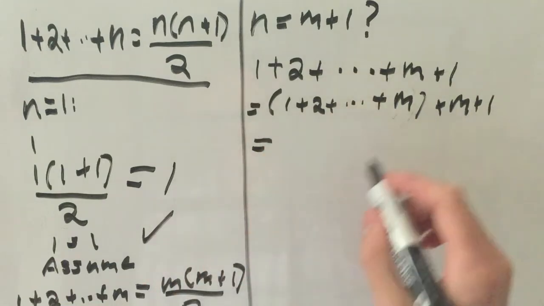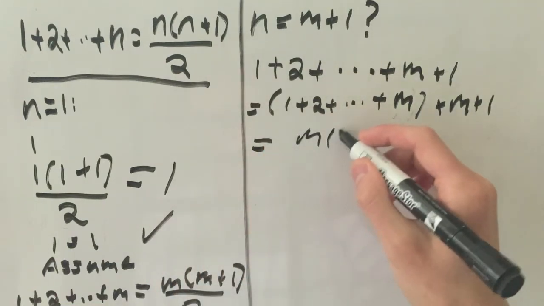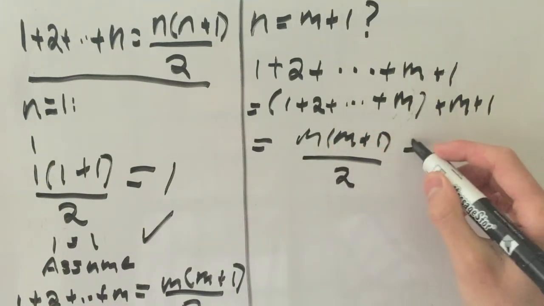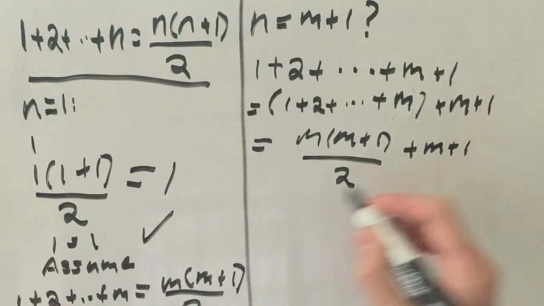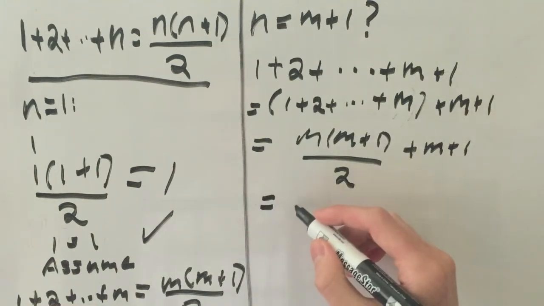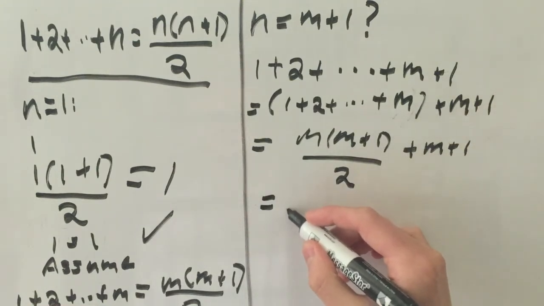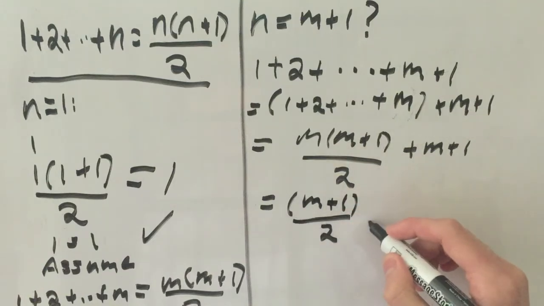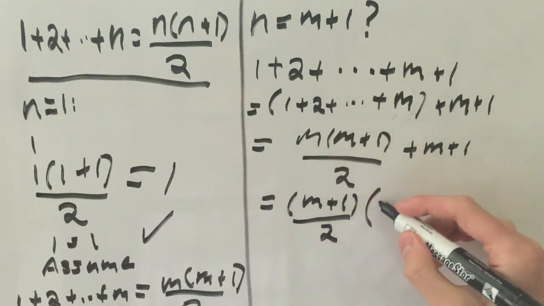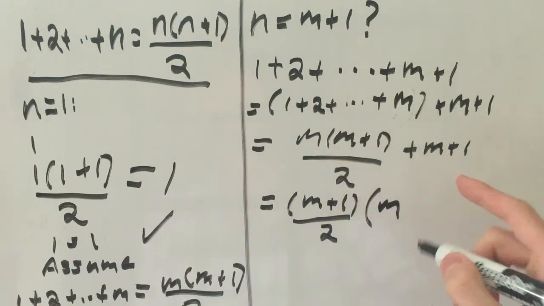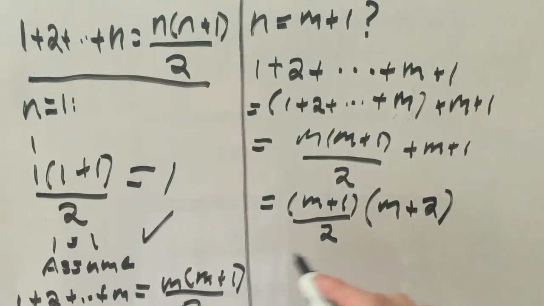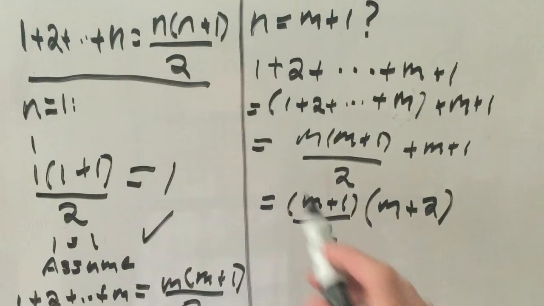I'm going to replace that whole 1 up to m with m times m plus 1 over 2, plus m plus 1. Then I'm going to factor out m plus 1 over 2, so I get m plus 1 over 2 times, factoring out of the first part gives us m, and factoring m plus 1 over 2 out of m plus 1 gives us 2. But now you'll see that this is just our formula applied to m plus 1. It's this formula with n equals m plus 1.